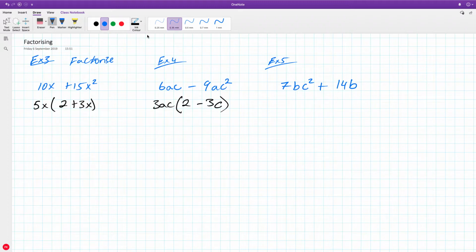Right. What do we reckon is the highest number they have in common, Julianne? Brilliant. And letters wise? Perfect. Right. What do you multiply by 7b to get 7bc squared? Perfect. And what do you multiply by 7b to get 14b? 2. On the nose. You get that? Good stuff.